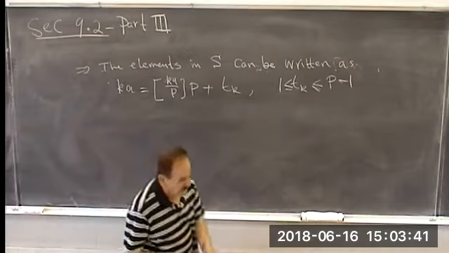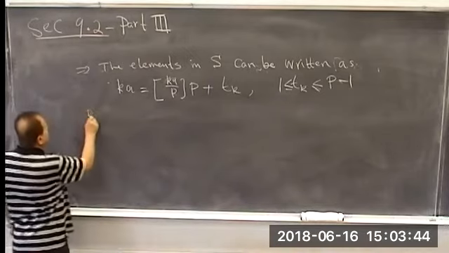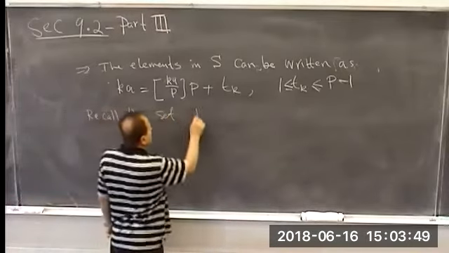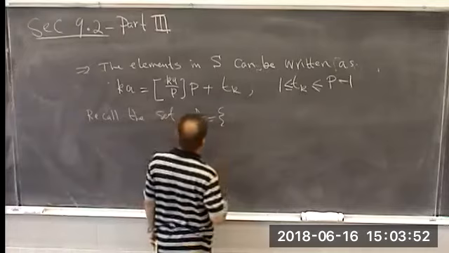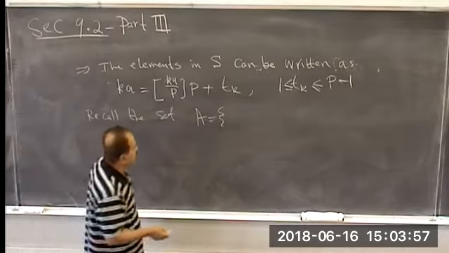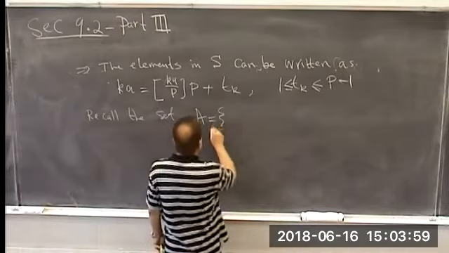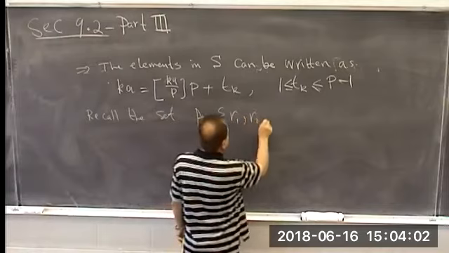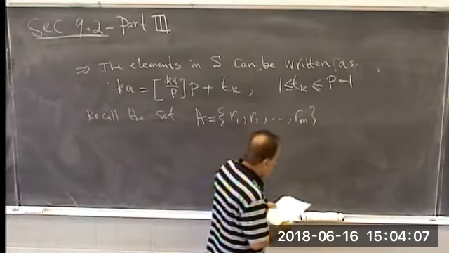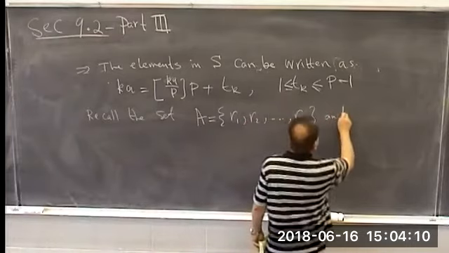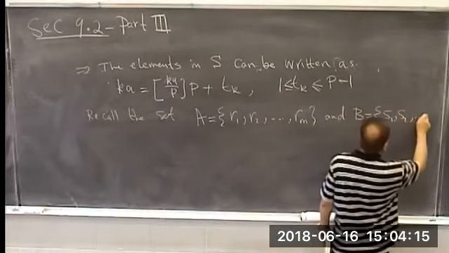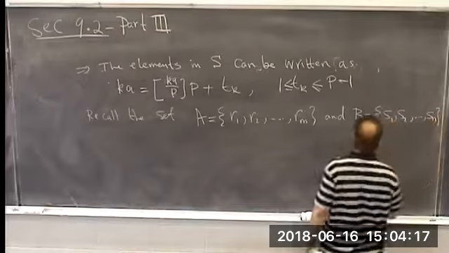So we recall the set A, which consists of the least positive residues or remainders when we divide elements of S by p; we call them R1, R2, up to R sub m. And B, which is equal to S1, S2, up to S sub n. So this is where the n goes in here.